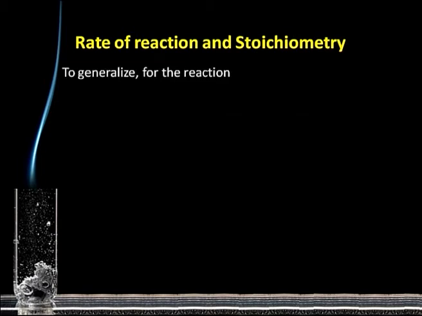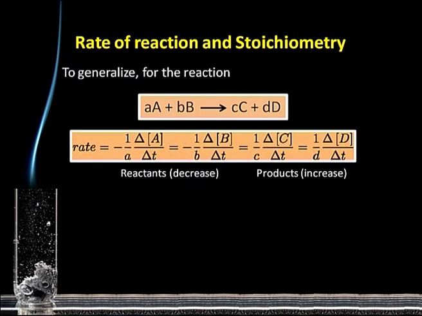To generalize, if you take a reaction in which you have a moles of A reacting with b moles of B, giving you c moles of C and d moles of D, we can write the equation. A negative sign is used for the rate of reaction with respect to reactants.